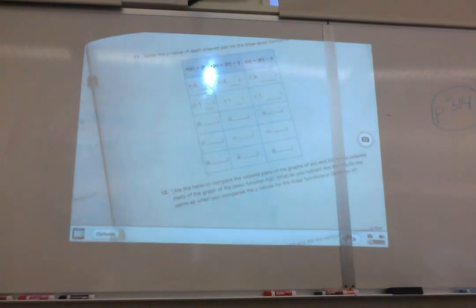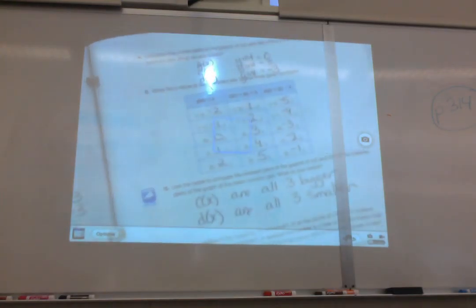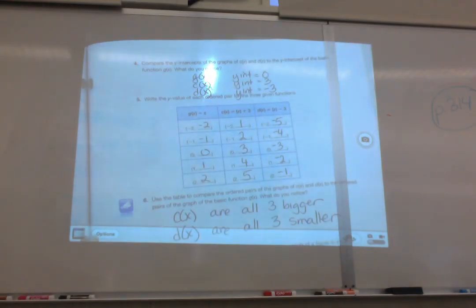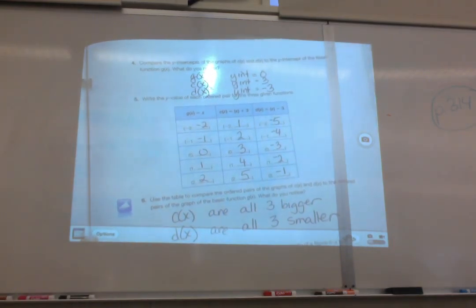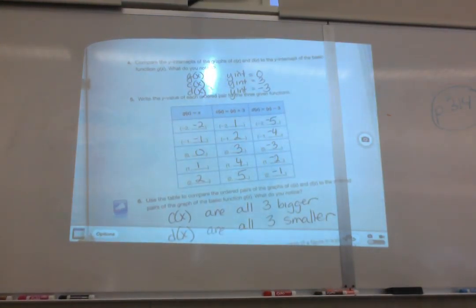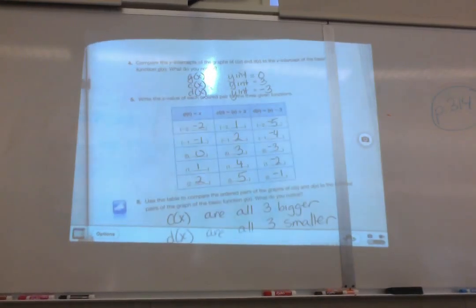Let's see. I'm going to double check how many of these sections. I think we might be going to 7. Oh, okay, write it down here. Oh, 1 through 10. We keep going.